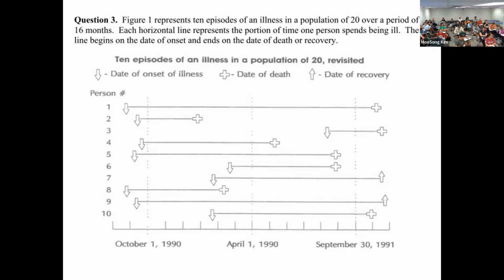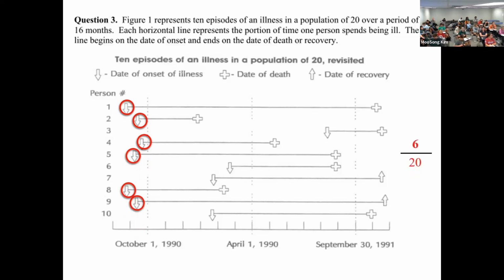At this time, how many cases? 6, right? 1, 2, 3, 4, 5, 6. So 6 over total 20 and times 1000, and then you can get the prevalence for October 1st, right?